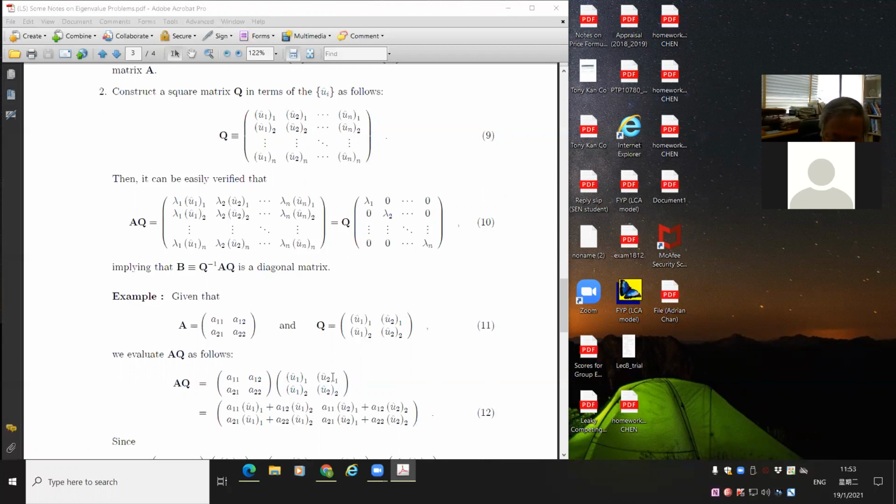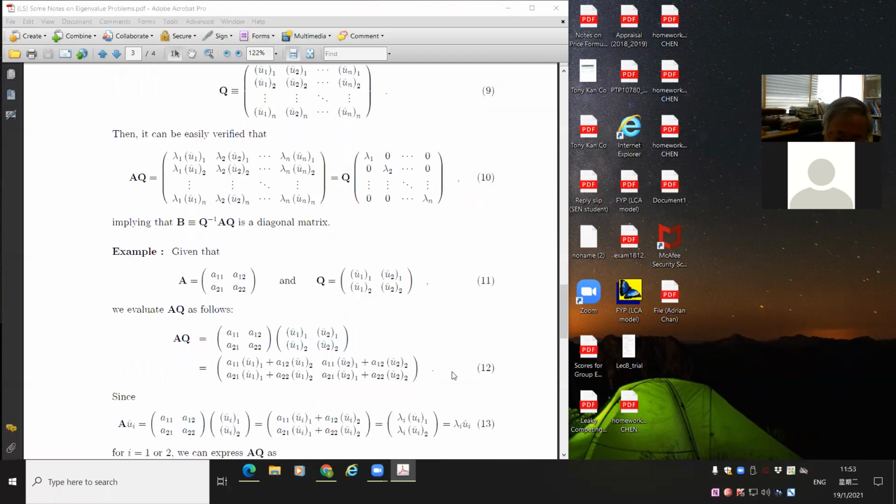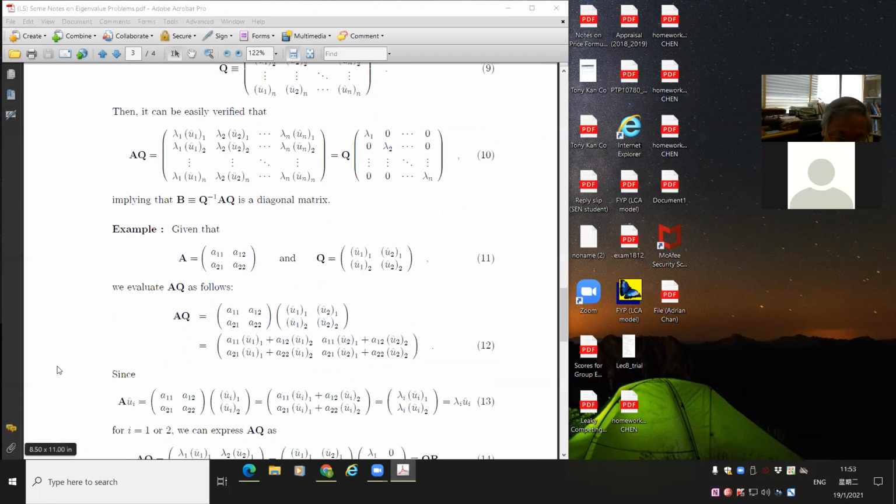A11 times the first element of the second column vector, A12 times the second element of the second eigenvector, and so on and so forth. Then we get this, a complicated resultant square matrix.